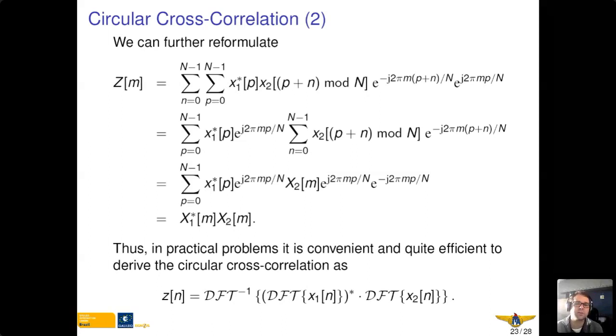However, the resolution at which we can estimate the time delay is the resolution of the sampling of the sequence. But as we discussed before, we only need a very coarse resolution here.